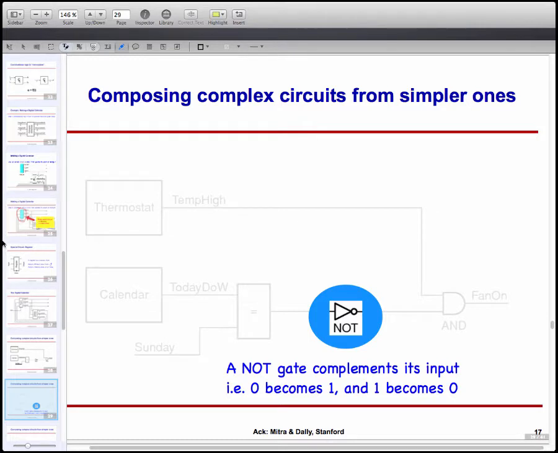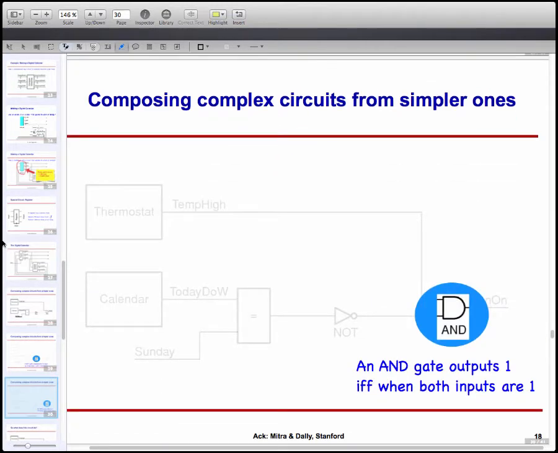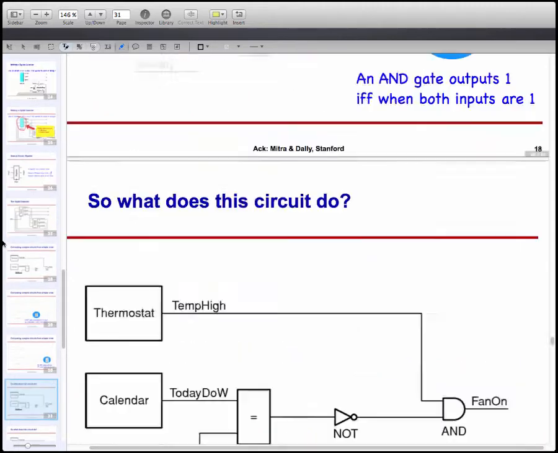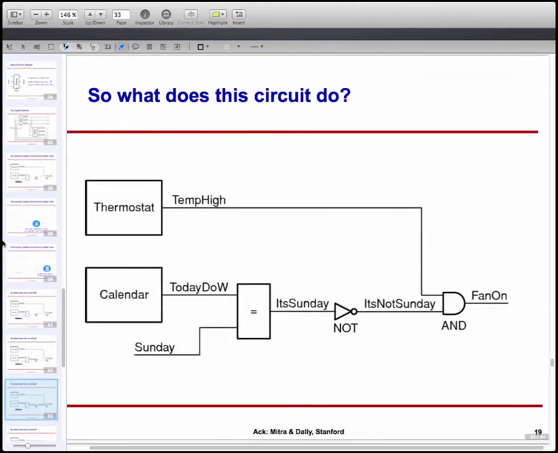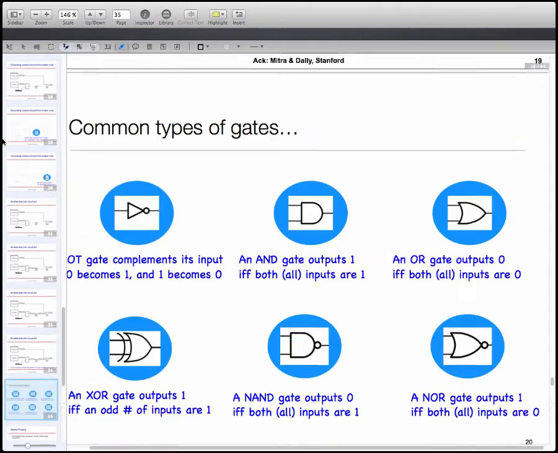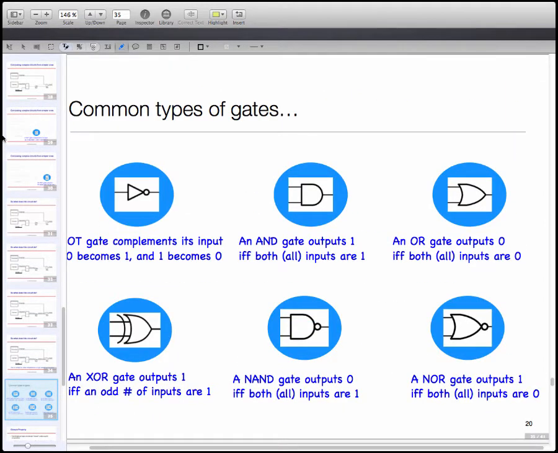If the input is 1, output is 0. If the input is 0, output is 1. An AND gate is another special circuit which outputs 1 when both inputs are 1. Otherwise, it outputs a 0. There are other such circuits, and again, the TAs will go over them. We make more complicated circuits by stitching them together.